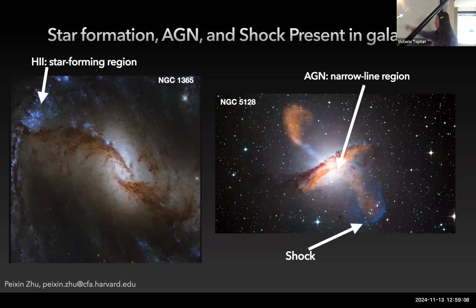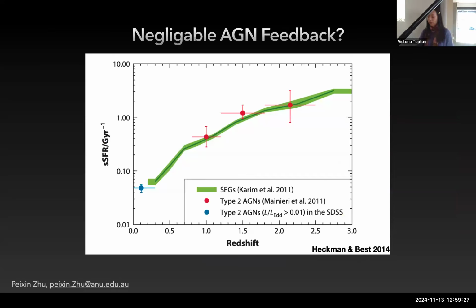And also shocks. Here is a pair of shock fronts. But as you can see later, shocks can be located in many places in the galaxies. So this plot is showing you that star formation, AGN and shocks are all present in some galaxies. And what's the interplay between these different mechanisms?